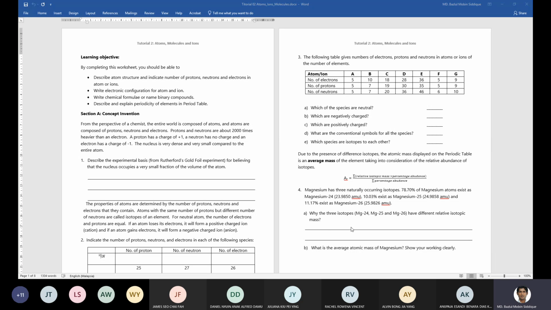Hello. I hope you are here. So, section 1 for concept invention. Oh, before we go here, how many of us are here? There are 22. Good. So those who are not here, let me call them.